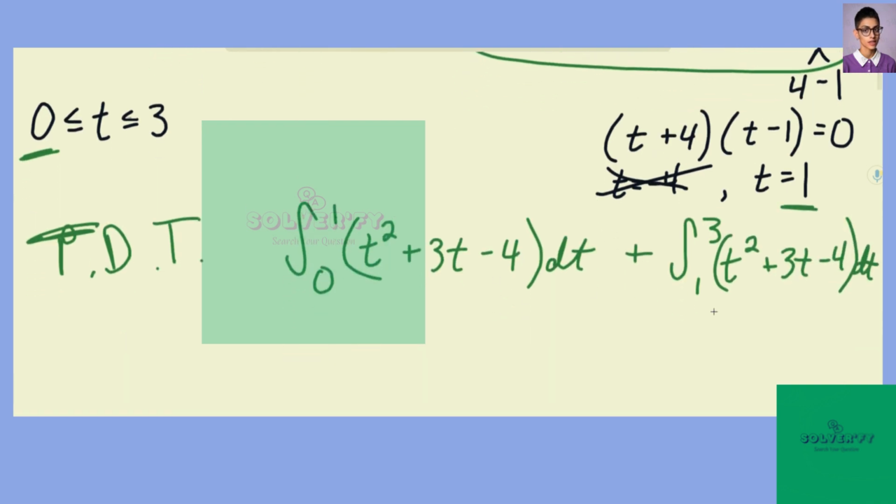Now, one of these answers would be negative because we're moving to the left. I don't know which one that is. I'm just doing the antiderivative from 0 to 1, and then the same thing here. Really all the same work.